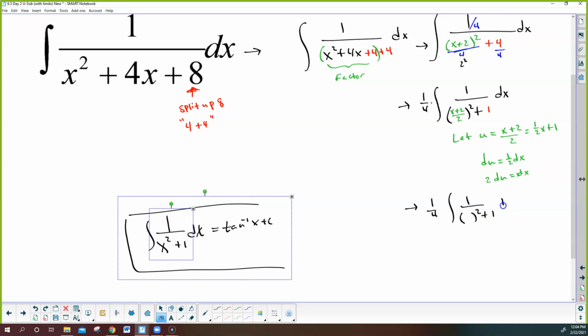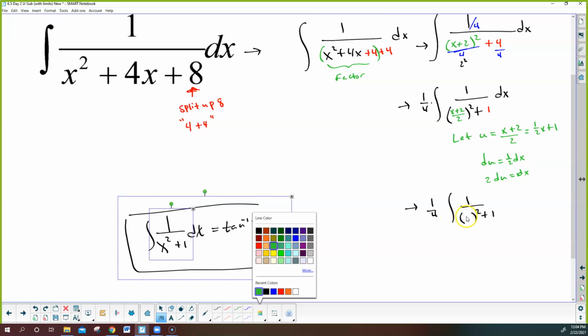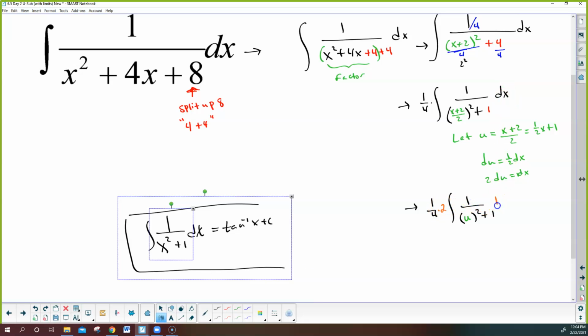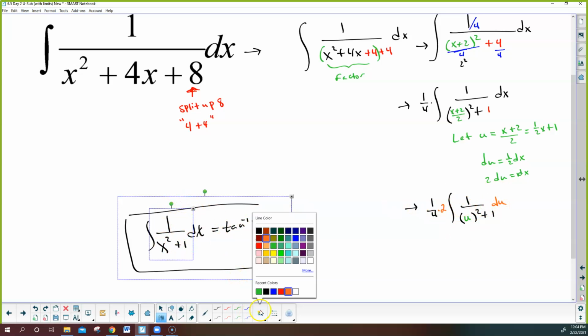Okay, so what do we have now? We're going to replace x plus 2 over 2 with u. The du is going to replace the dx, but there's an extra 2 there. Well, now, this integral is in the perfect format for the inverse of tangent.